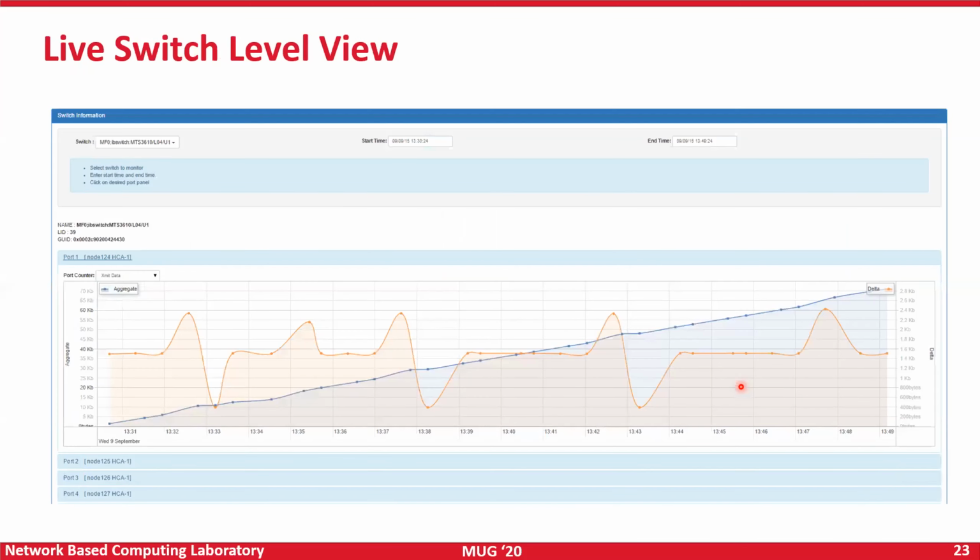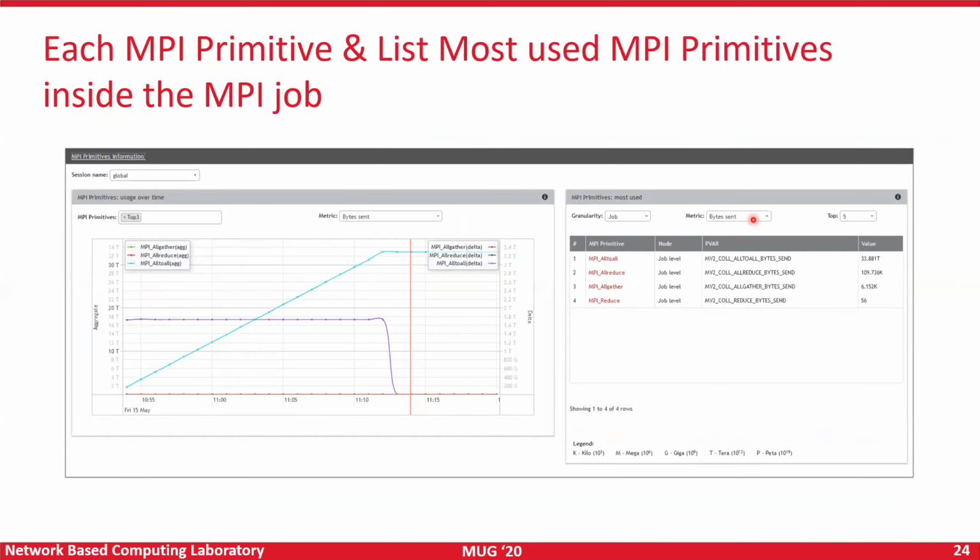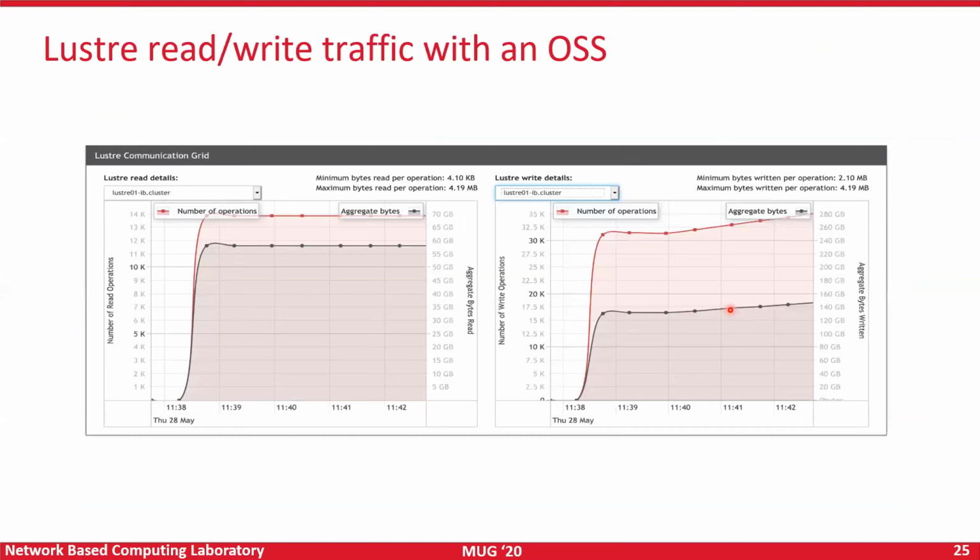As I mentioned, you also have live switch level views, and as I showed you in the demo, we can also show the amount of time it took for each primitive and the list of most used primitives in the MPI job.